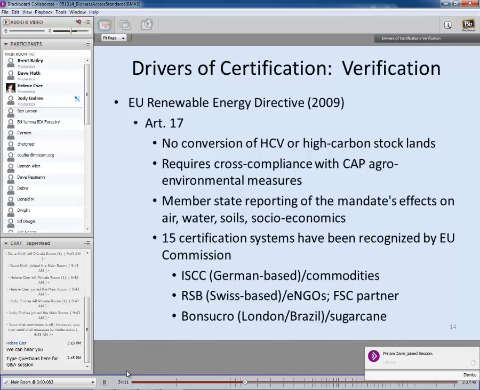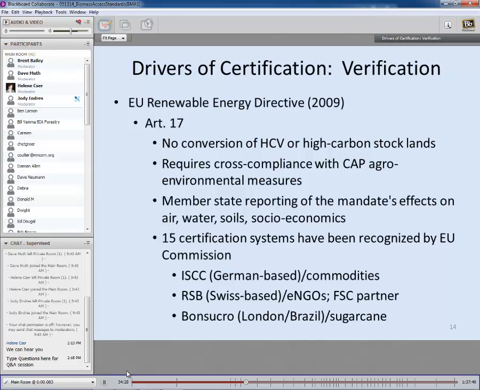So liquid fuels, and this doesn't cover solid fuels like wood pellets to energy. It may in the future, and we can talk about that a bit near the end, but it covers liquid fuels, and for liquid fuels to qualify, there are a set of conditions in Article 17.